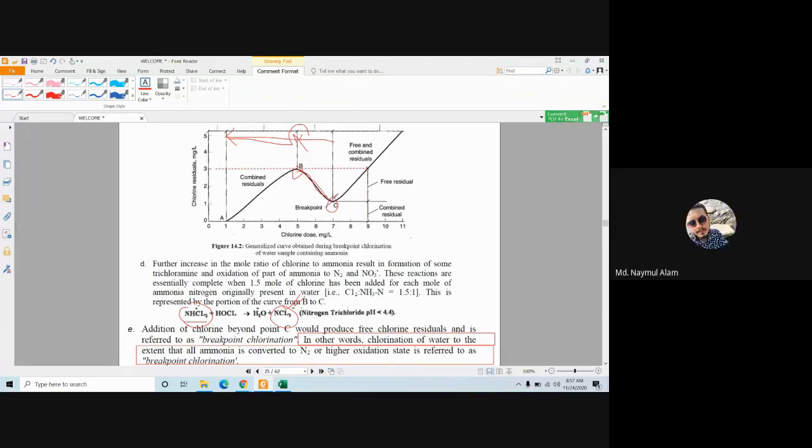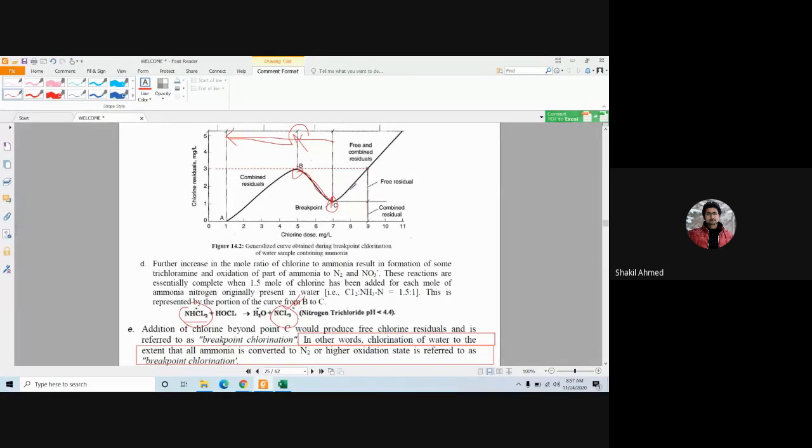Yes, sir. Now, up to point C, all the impurities in water have been completely transformed by the chlorine. At point C, you do not have any impurities anymore. Is it clear?